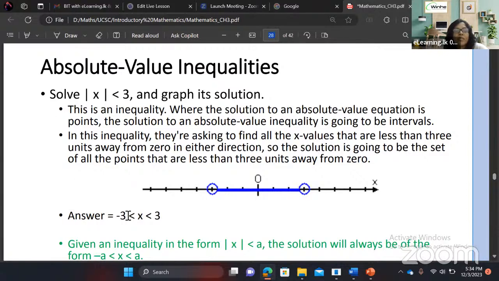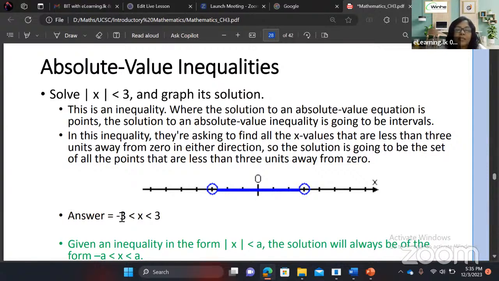If you consider -4, the absolute value is 4, which is not less than 3. Therefore, we consider the values between +3 and -3 as the values x can take.